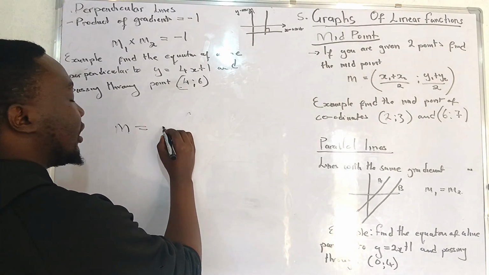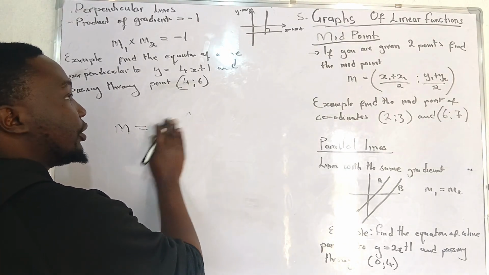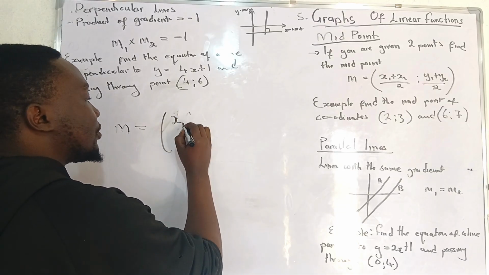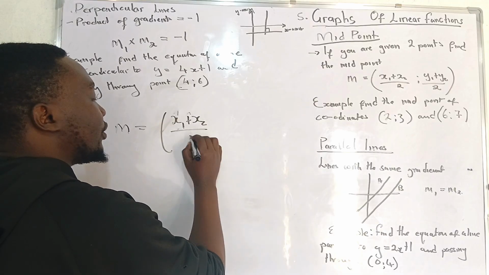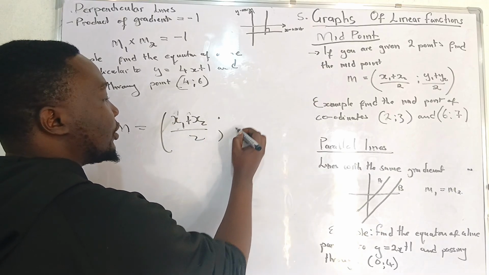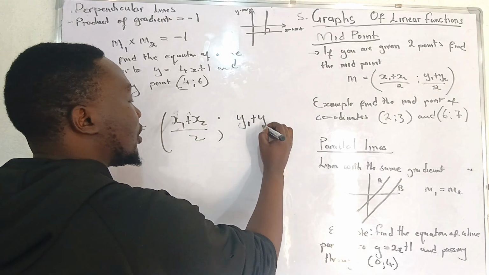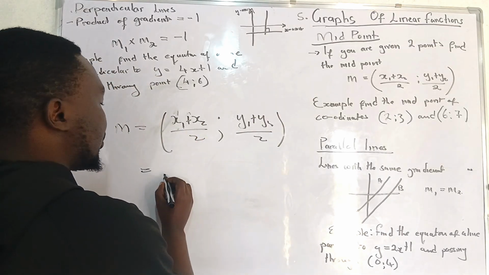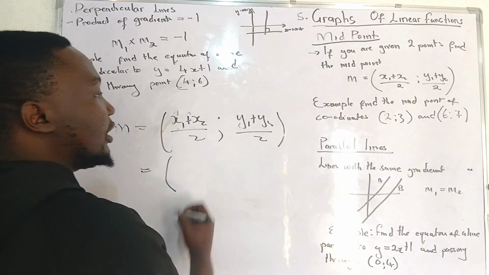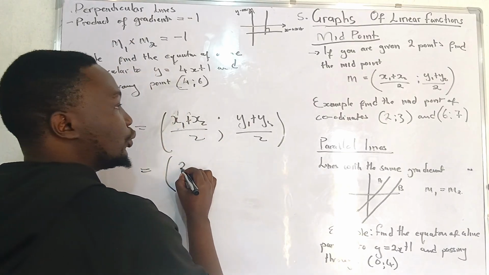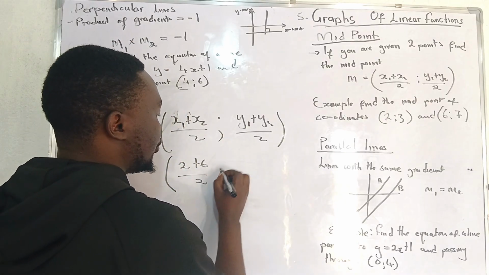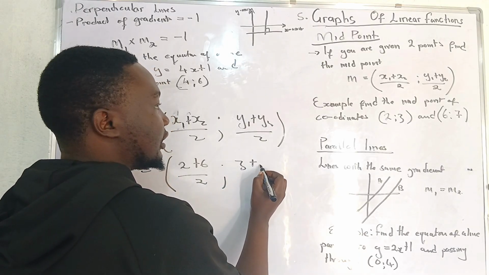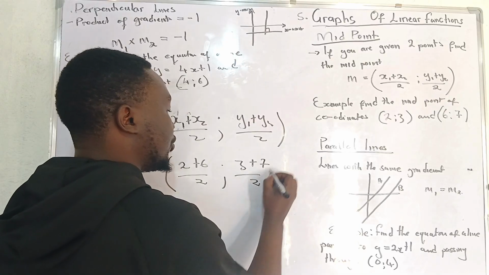The midpoint is given by (x1 plus x2 over 2; y1 plus y2 over 2). So we substitute into our formula. x1 is 2 plus 6 over 2, and that's going to be 3 plus 7 over 2.